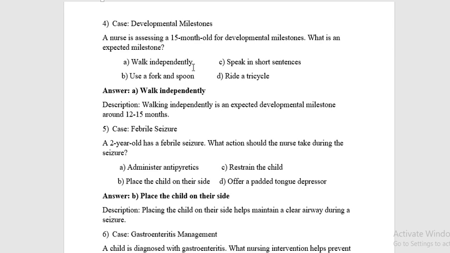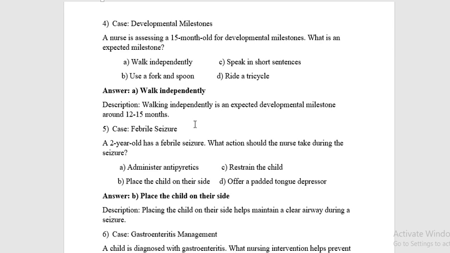Choice A, walk independently. Choice B, use a fork and spoon. Choice C, speak in short sentences. Choice D, ride a tricycle. The answer is choice A, walk independently. Walking independently is an expected developmental milestone around 12 to 15 months.